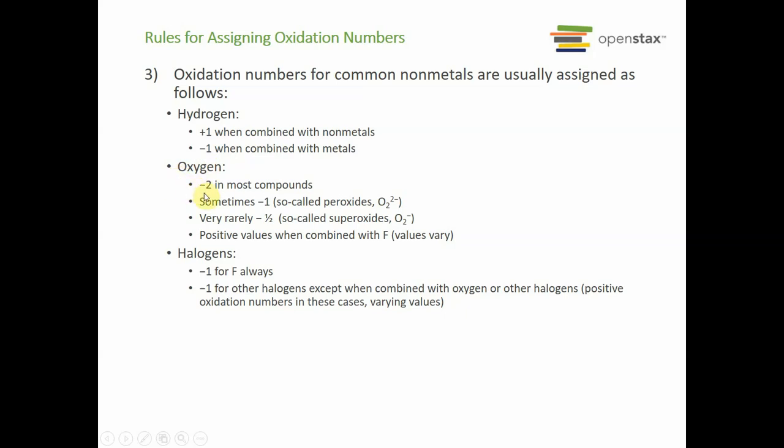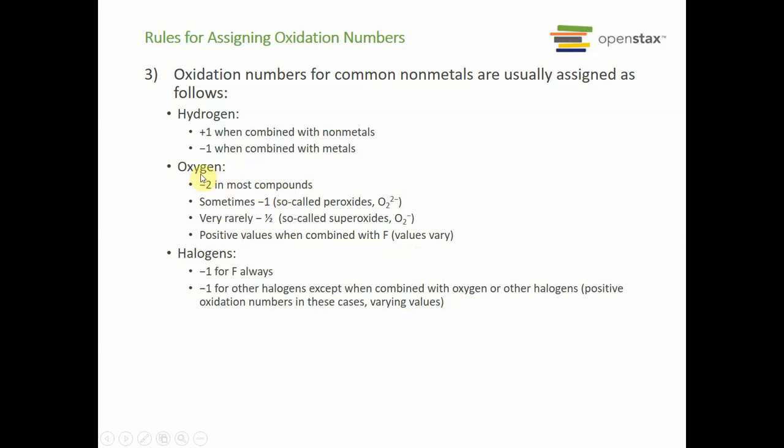Oxygen is -2 in most compounds, but if it exists as a peroxide, it's going to be -1. And although we're not going to encounter it, there's an ion called a superoxide, which would have an oxidation number of -0.5. And oxygen can have positive values, not only when it's combined with F. There's what's called an oxonium ion, but we're not going to be involved in that in this class.